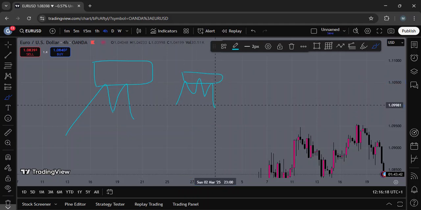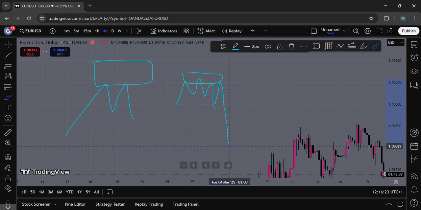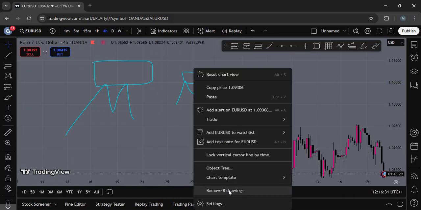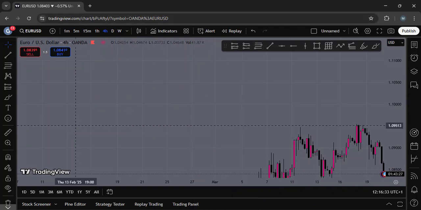So when the price comes back up here, you could look for a sell again and go lower, and that will be your trade. That's basically what a resistance is, and the support is just flipped.